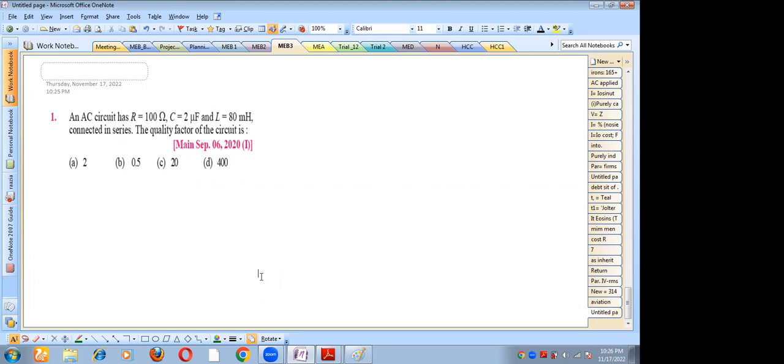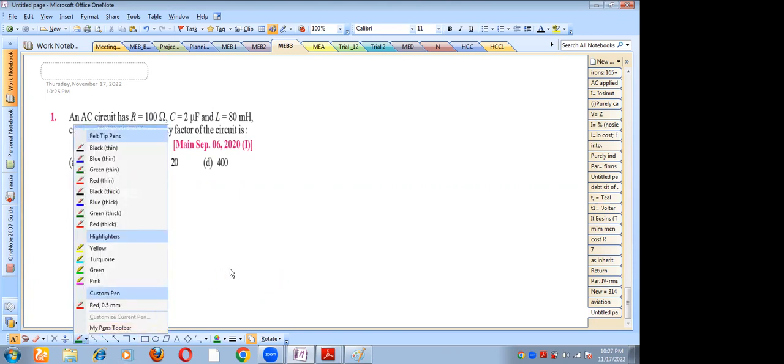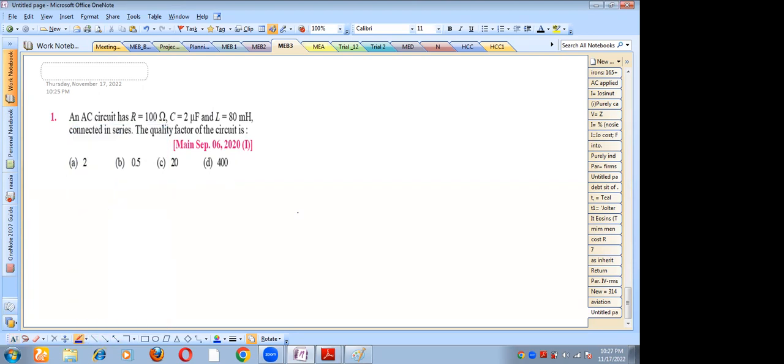Do you know the formula of quality factor? I will give you a hint: 1 by R root L by C. Yes, correct. This is a JEE 2020 question. Very easy.